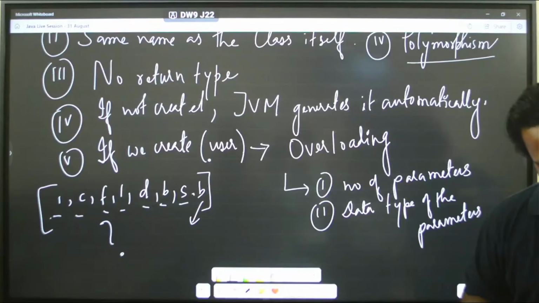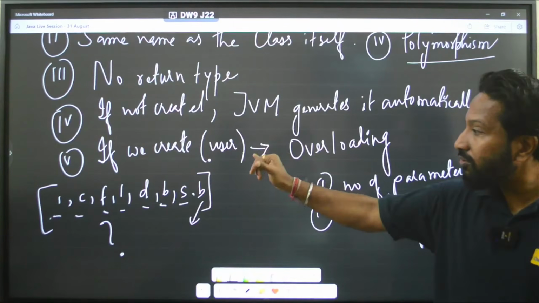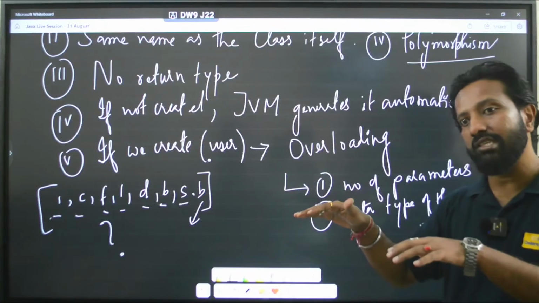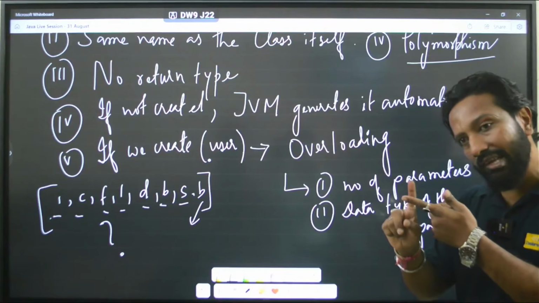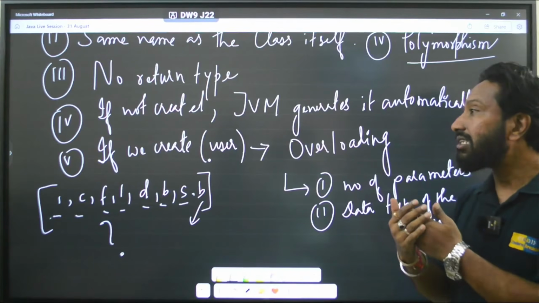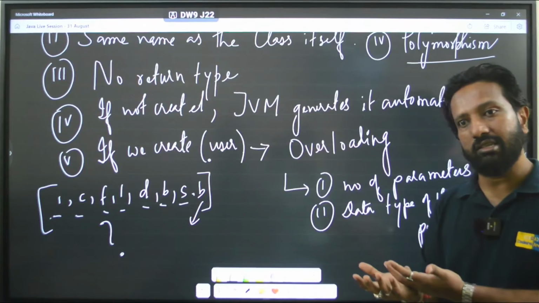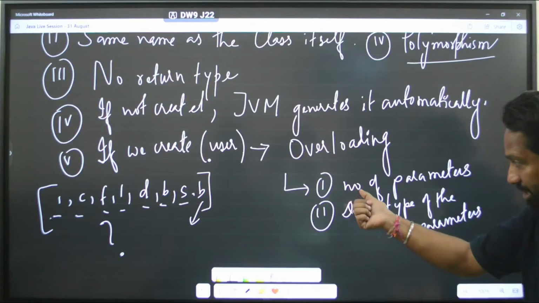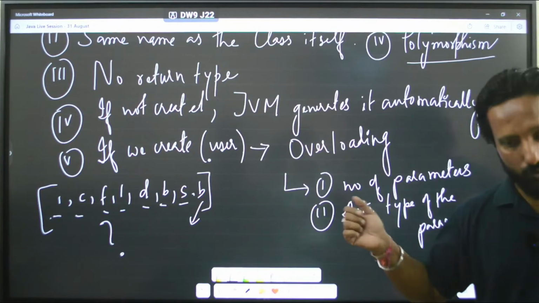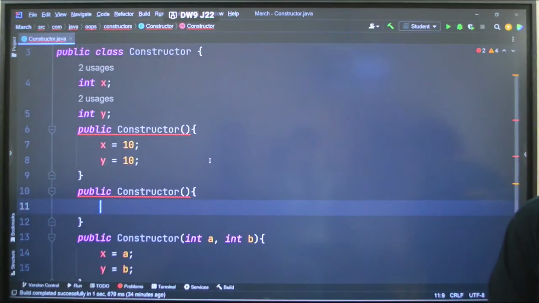If you want to use polymorphism or that overloading concept, you want to have the same name constructors, you have to change the meaning or the definition or the signature of the constructor. How do you do it? Either you change the number of parameters or you change the data type of the parameters. Now just see here what is happening.